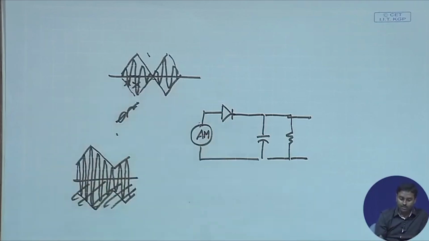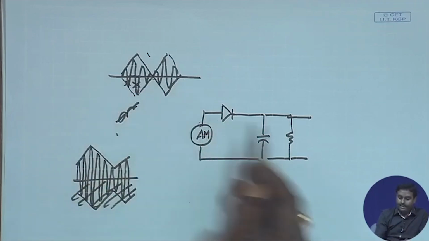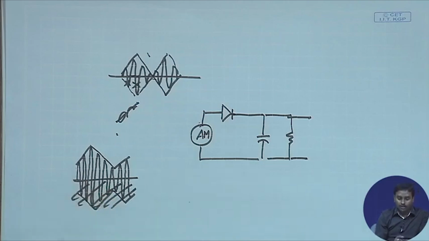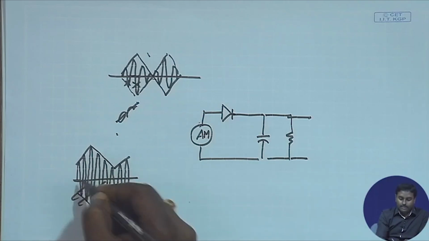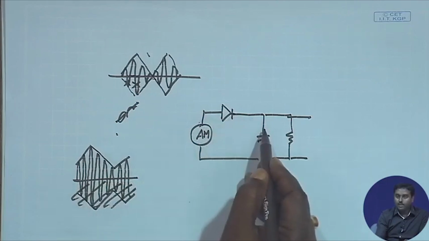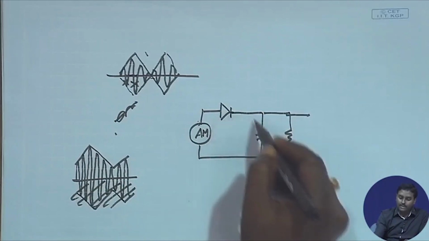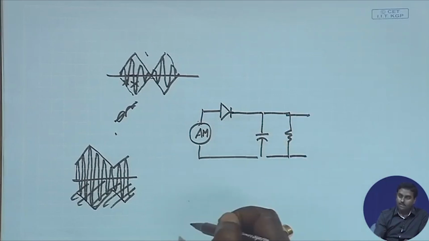So I will be getting this positive half, and whenever the diode is on, this thing will pass through it, and this capacitor will get charged through this.